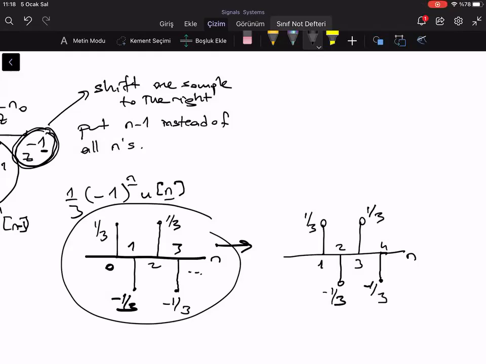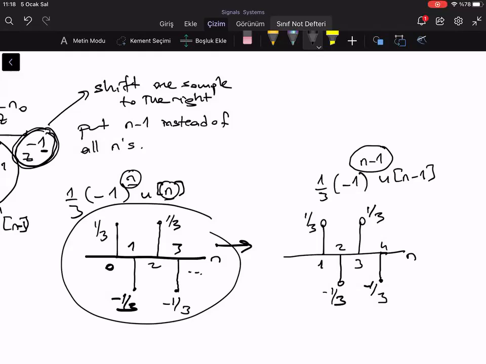For this to be like this, it should be 1 over 3, minus 1 to the power n minus 1, u of n minus 1. Okay? Shifting the whole sequence one to the right. Shifting the whole sequence to the right means every n in my function should be changed with n minus 1. Is this part clear, arkadaşlar?